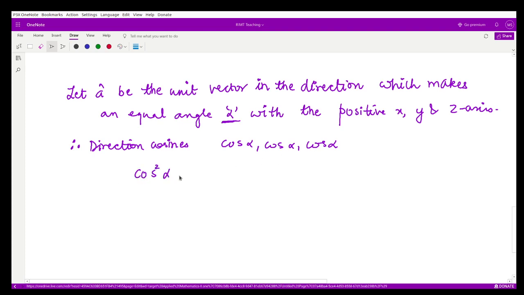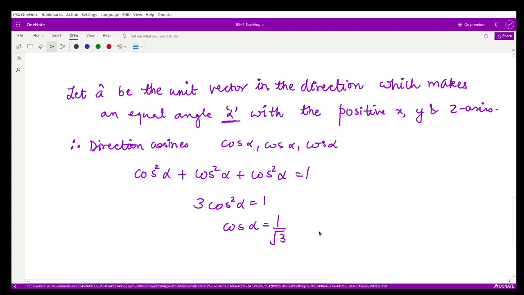So you have cos square alpha plus cos square alpha plus cos square alpha equal to 1. So you could write 3 cos square alpha equal to 1. From here you can obtain cos alpha as equal to 1 by square root 3. So from here you obtain the value of alpha, equal to cos inverse of 1 by square root 3.